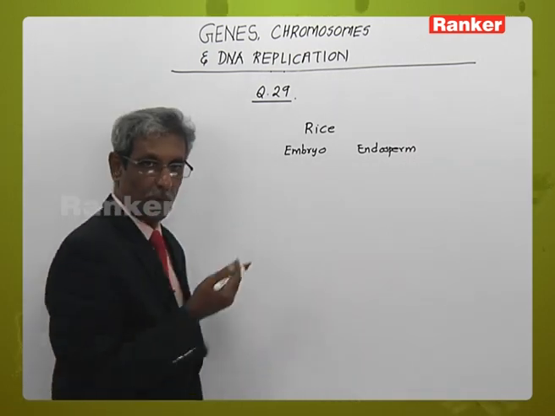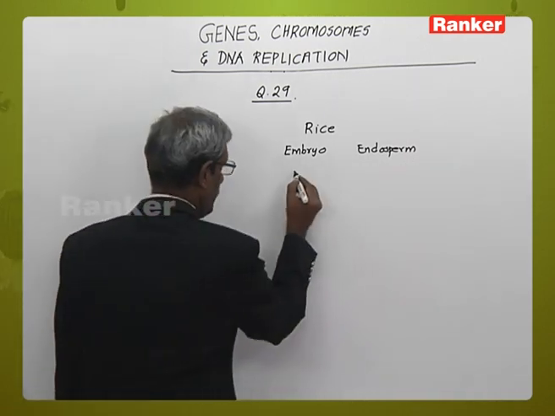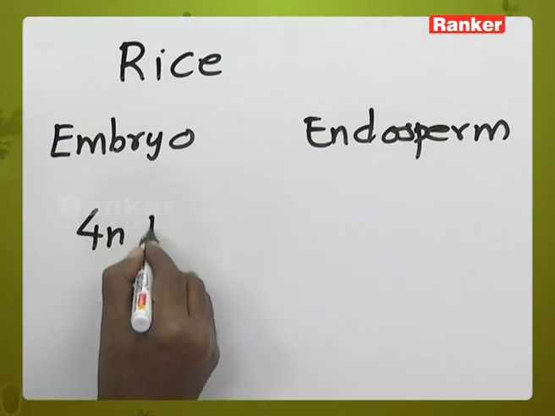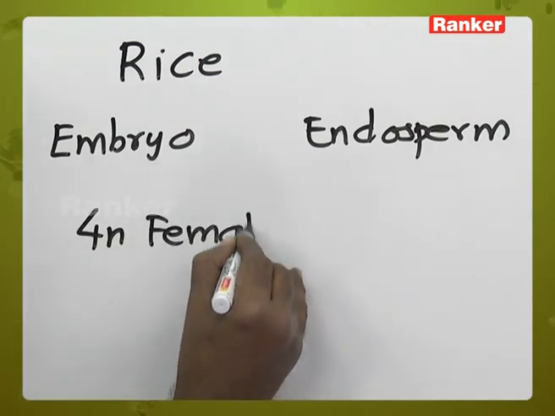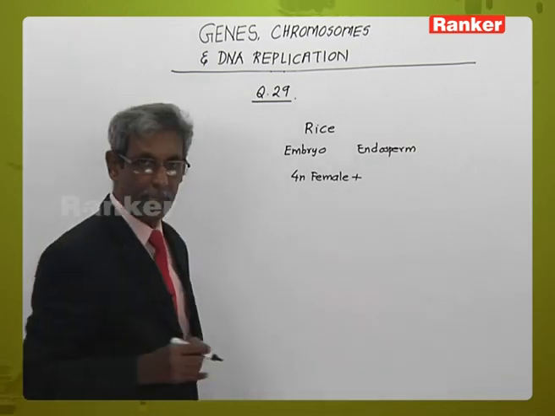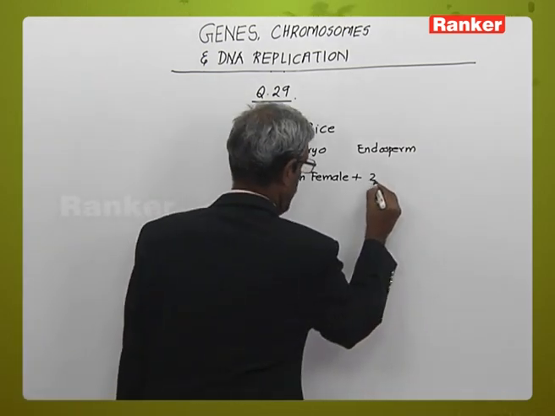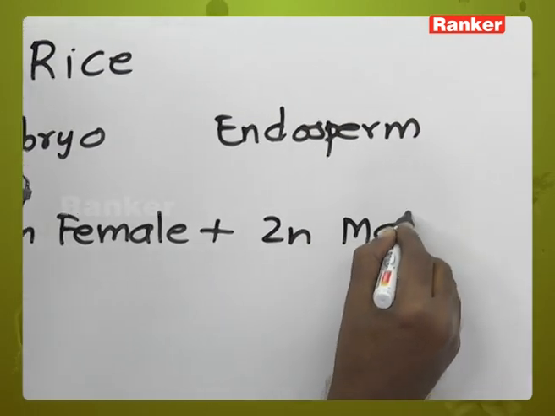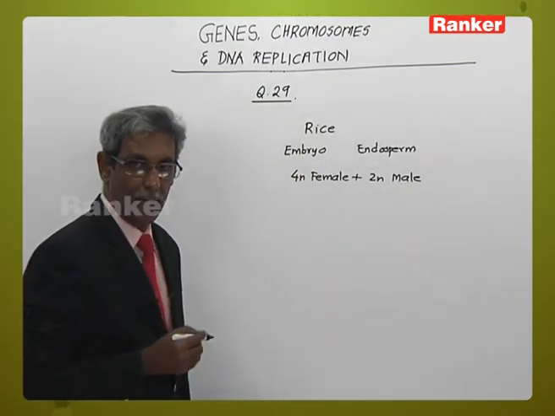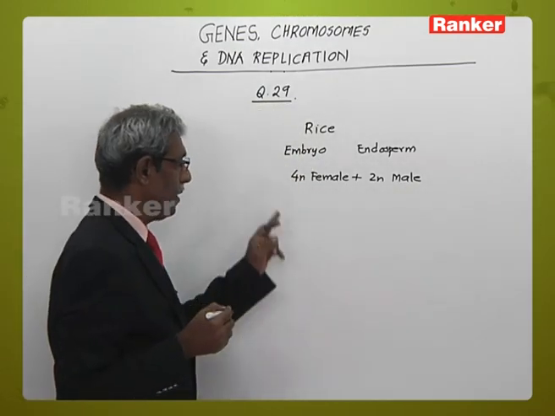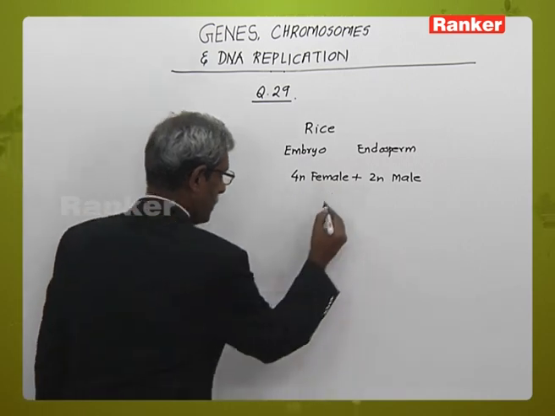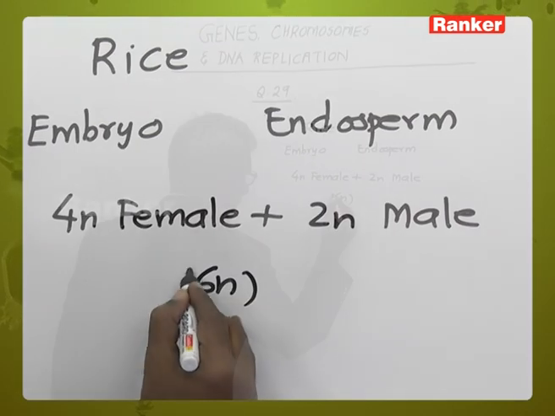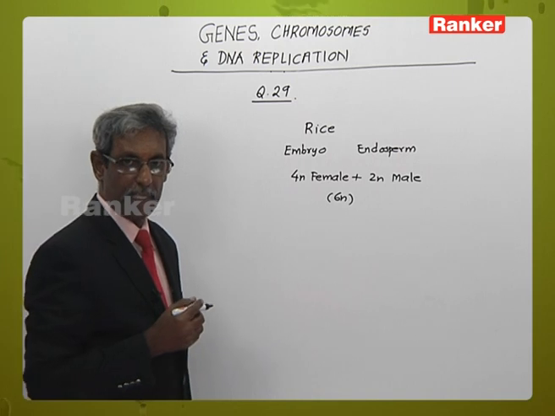So, if there is a crossing between a tetraploid female, it combines with a diploid male, then in most situations what happens is we have 4 plus 2 is equal to 6n.